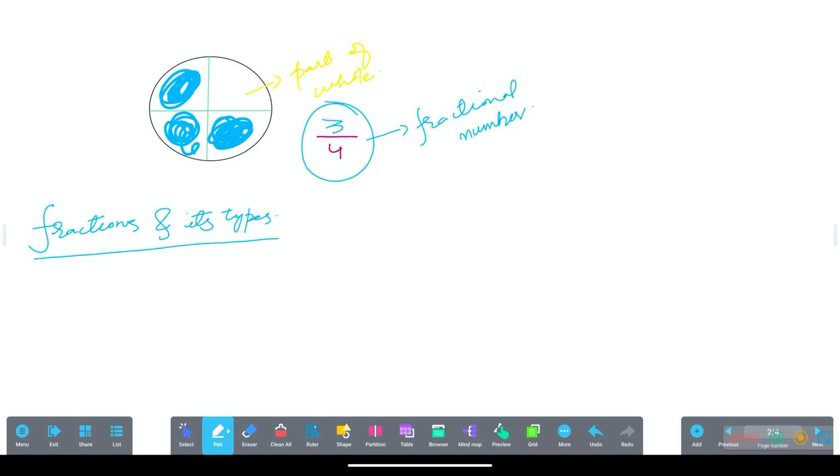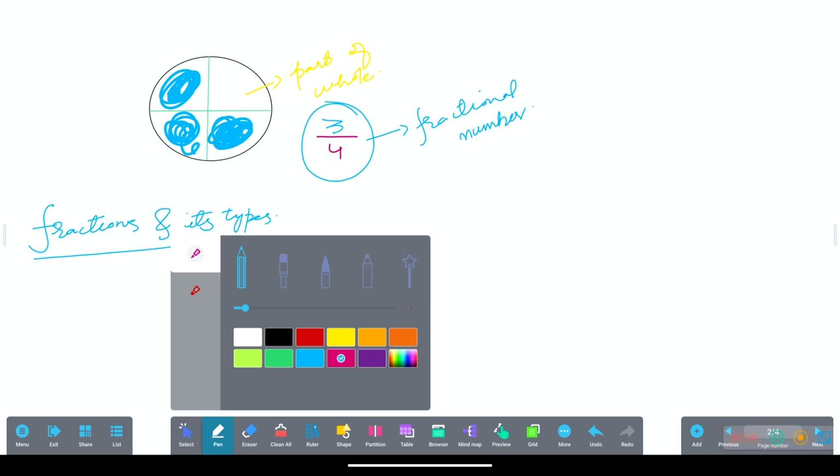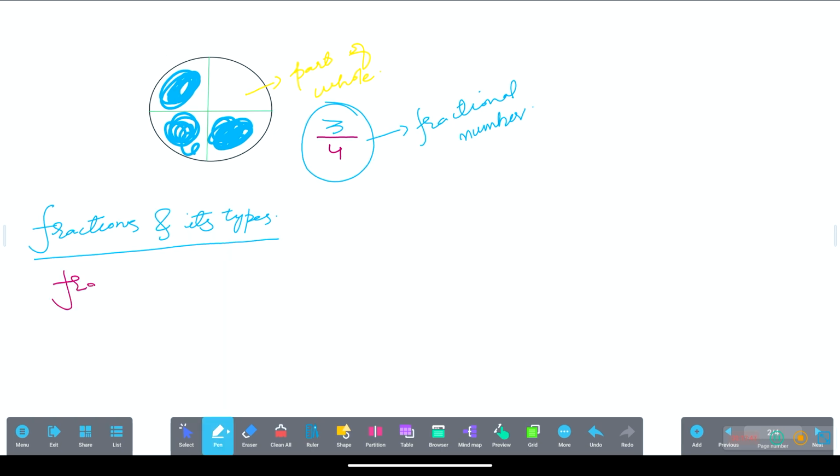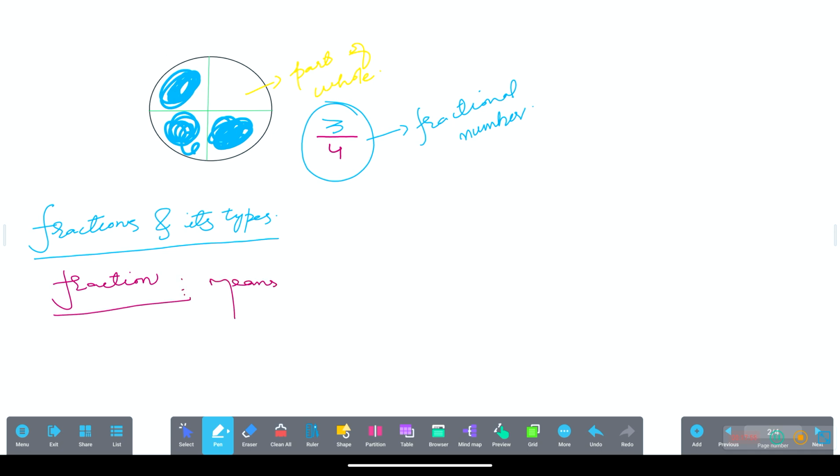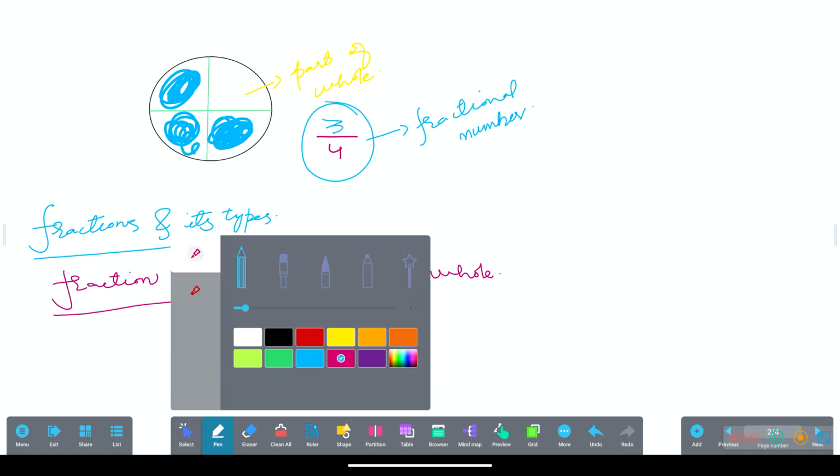If we talk about a fraction, it simply means part of a whole. Fraction is a kind of concept that you can use everywhere, but here we have it in numbers. That's why we need to learn what fractional numbers are.